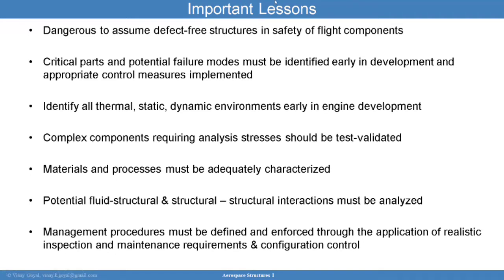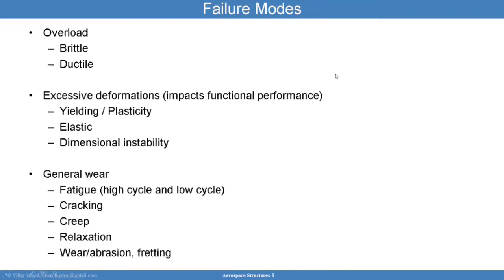And so let me dive into the failure modes we'll be discussing today. Overload, such as brittle and ductile failure modes, are examples of that. Excessive deformations that can impact functional performance can involve yielding and elasticity.